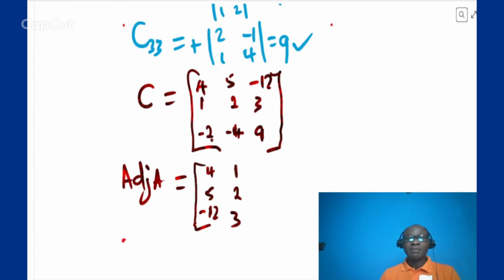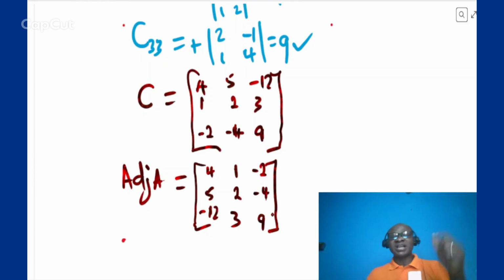Next one, minus 2, minus 4, 9. So therefore, the adjoint matrix is the transpose of what? Cofactor matrix. Do you understand? So where the workload lies is in finding the signs and the cofactors, isn't it? Yes, sir.